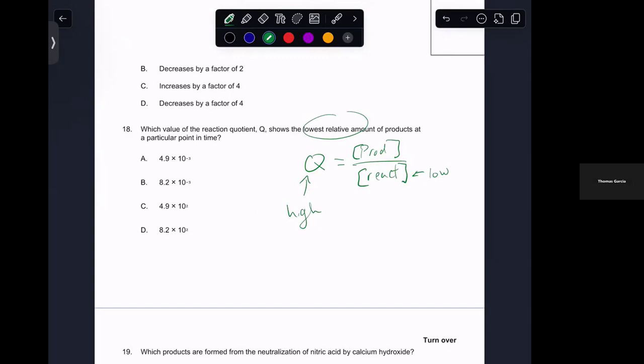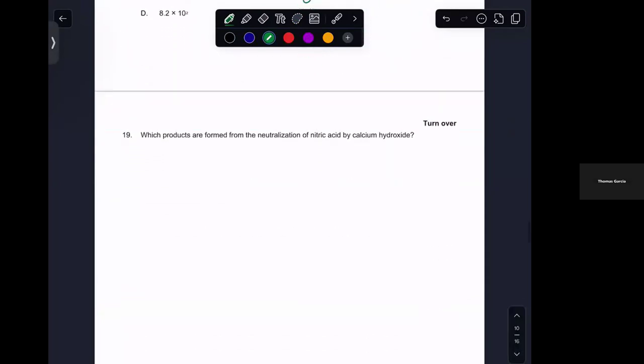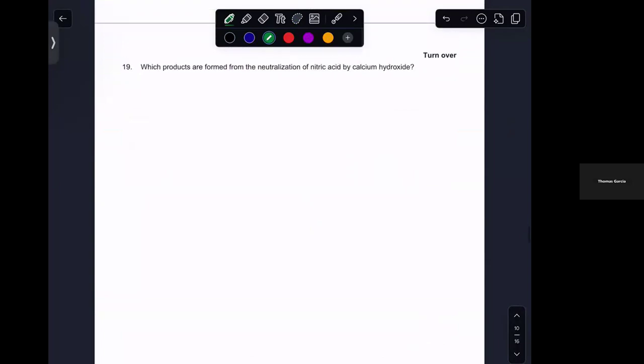So what we're trying to find is a reaction quotient that shows the highest possible Q for this reaction. Sorry, I actually said this backwards. Lowest amount of products. Whoops. So if our products are low, our Q is also low. Whoops, my mistake. Therefore, we're looking for the lowest Q value, which is right here, 4.9 times 10 to the negative third.